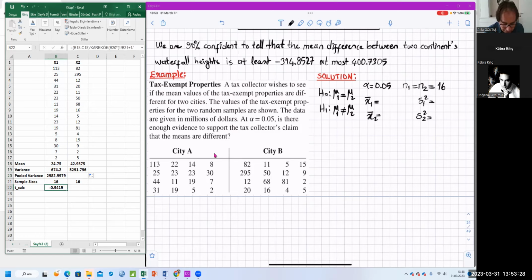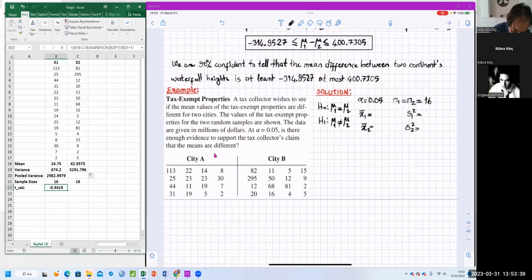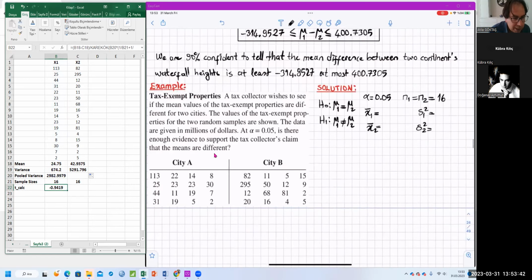So I did everything easily in Excel because I have written the functions in the previous week, from the other lecture today. So X1 bar is right there, 24.75, $24.75 million, and the next one is 42.9375 million dollars.